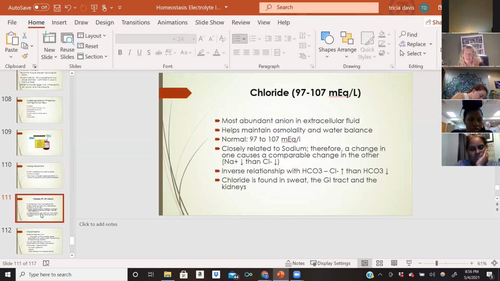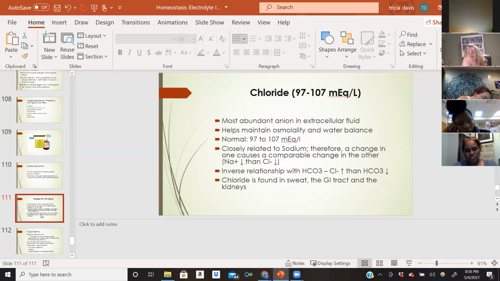And then chloride. Normal chloride levels are 97 to 107 milliequivalents per liter. It is the most abundant anion in the extracellular fluid, helps maintain osmolality and water balance. It is closely related to sodium. So when you have a change in one, it's going to cause a very comparable change in the other. So if your sodium is low, then your chloride is probably going to be low too.